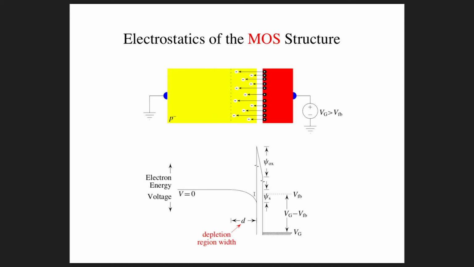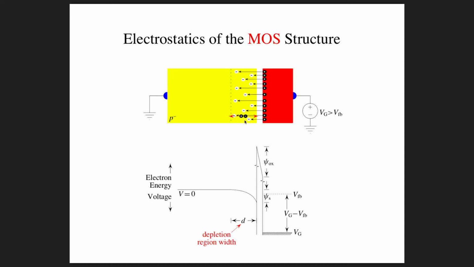And if we continue this even further, we get more bending of the bands, a wider depletion region. And if we were to imagine creating an electron hole pair in this depletion region, let's think about what happens, right? So we create an electron hole pair.